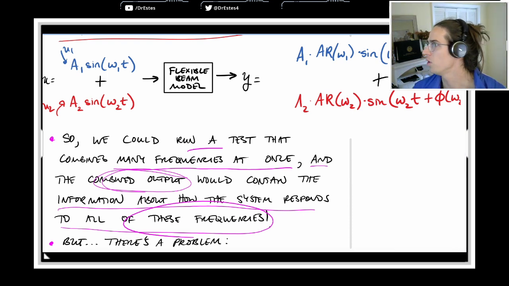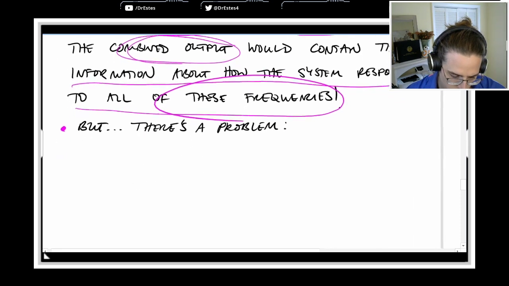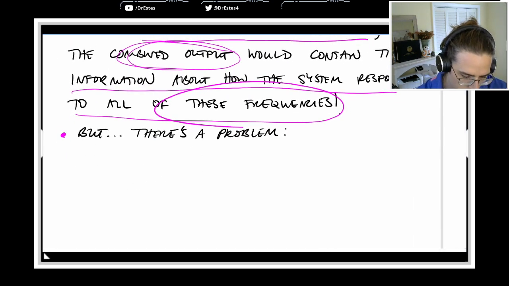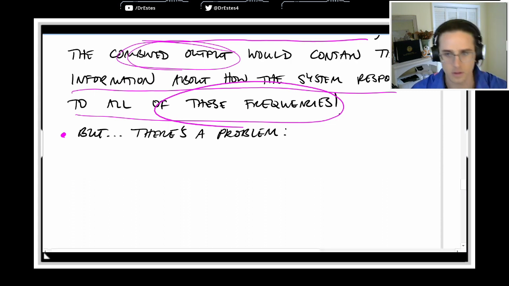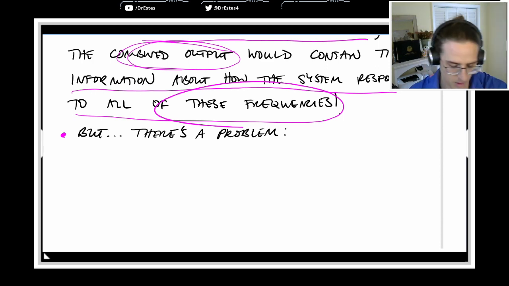So it's very cool, but there's a problem with this. Let me tell you what this problem is. Think about, for assignment 2, how do we determine the amplitude ratio and the phase for each input?